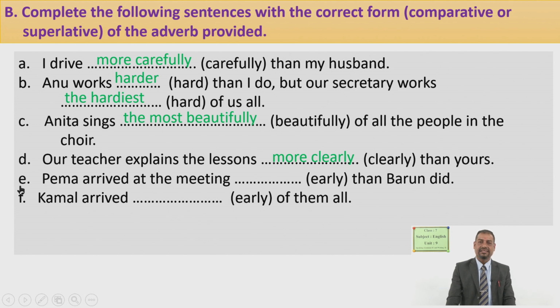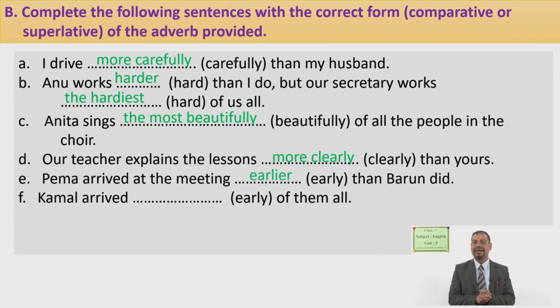Now, like this, number E, Pema arrived at the meeting early than Barun did. So, comparative form or superlative form you have to supply. Why comparative form? Good job. Again, there is than. Okay. So, your answer should be, all of you tell me, Pema arrived at the meeting earlier.